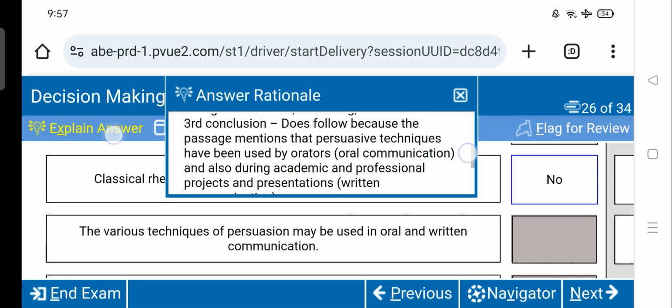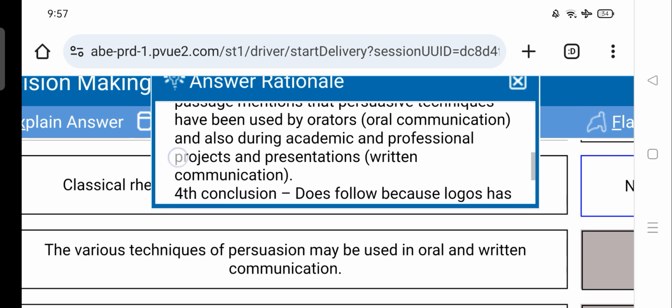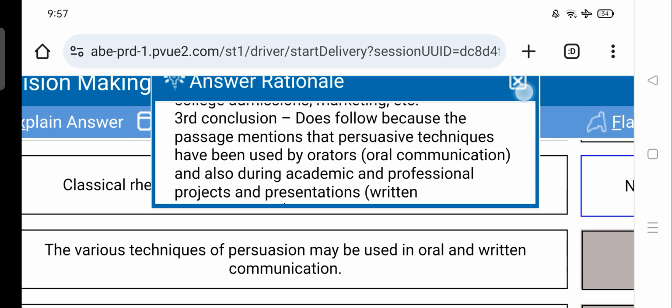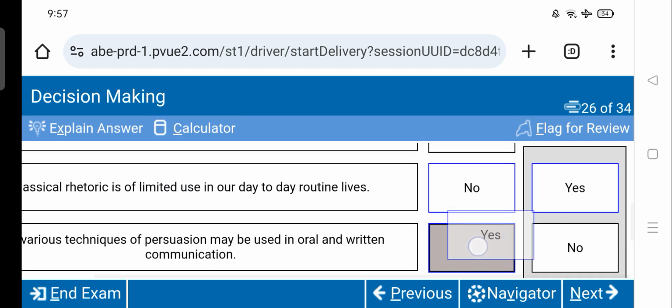Third conclusion, it does follow because the passage mentions that persuasive techniques have been used by orators and also during academic and professional projects and presentations. So it does follow, we will drag a yes and drop it here in front of this conclusion.